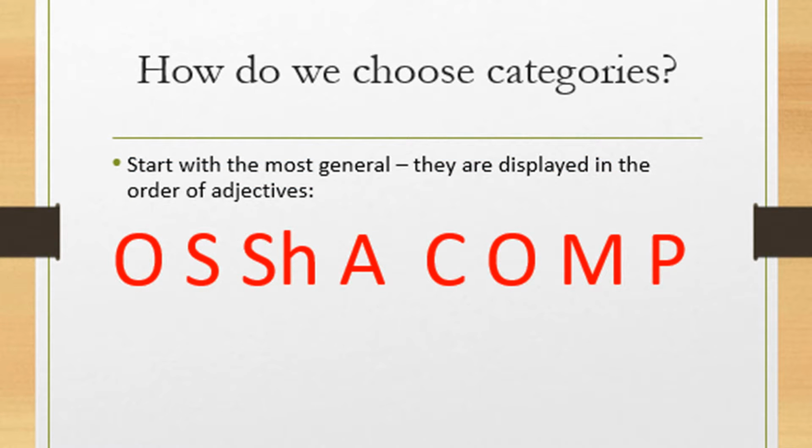While talking about the categories for elementary level, it is important to understand that these categories may be chosen according to some pattern. The pattern that we use is the order of adjectives. If we talk about the order of adjectives, that means that we probably need to know the adjectives.